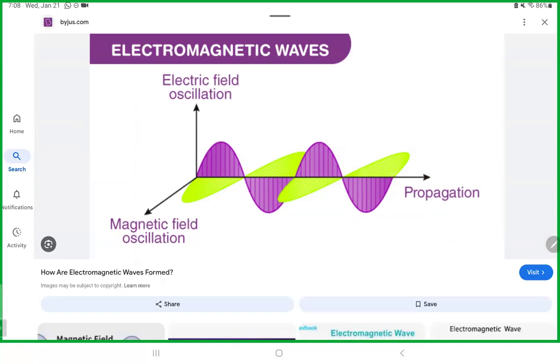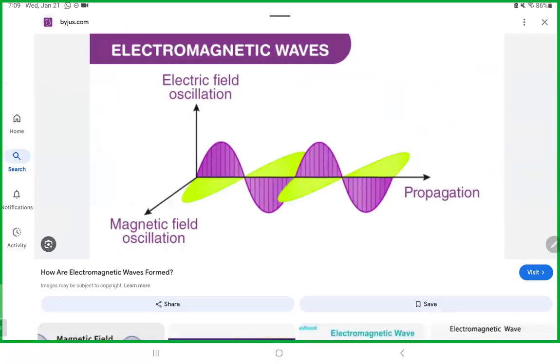Understood? So in an electromagnetic wave, electric field and magnetic field are perpendicular to each other, and both of them are perpendicular to the propagation also. Because if the electric field is in the y axis and the magnetic field is in the z axis, then propagation is in the x axis. All are perpendicular to each other. Make sense, guys? Any doubt? No doubt, sir.